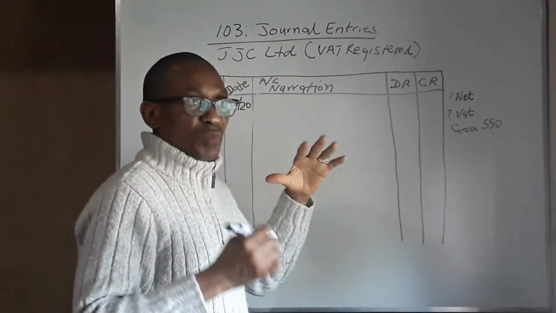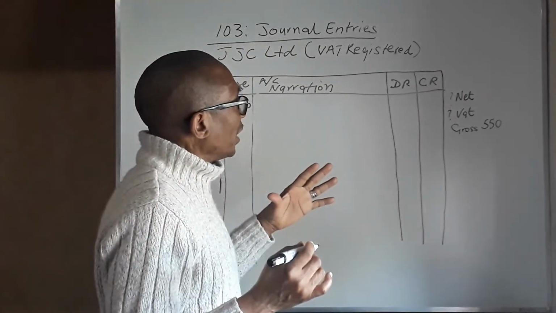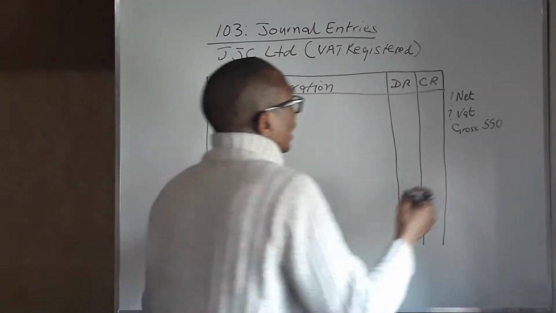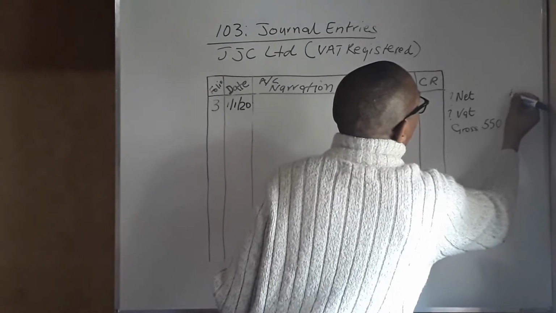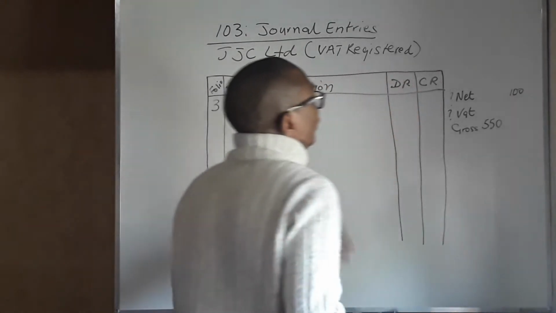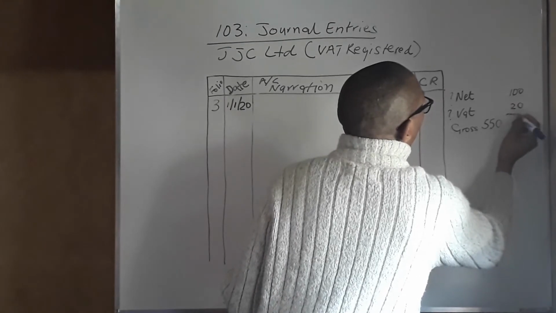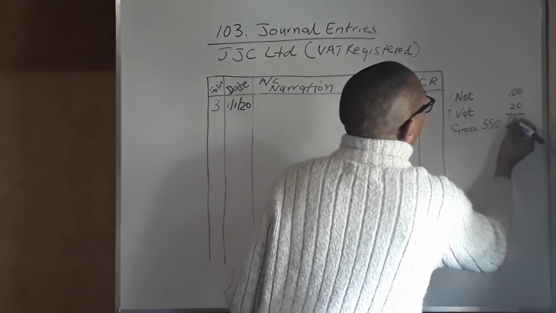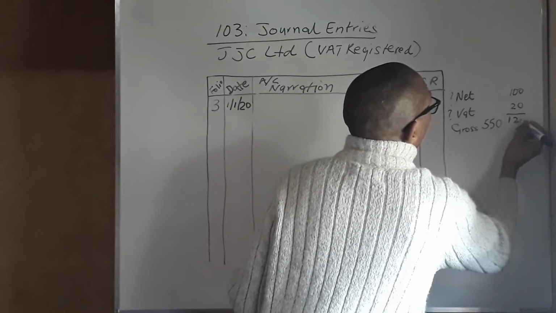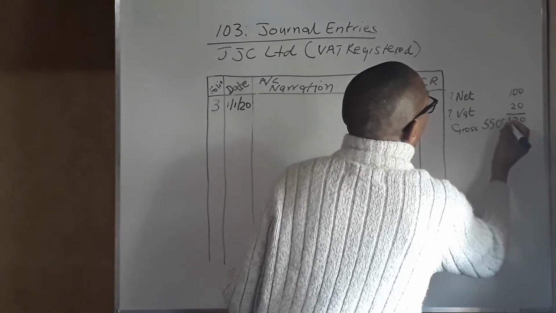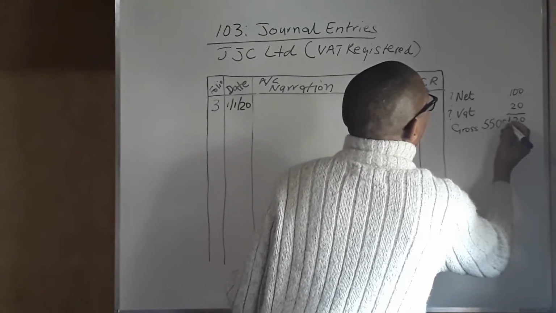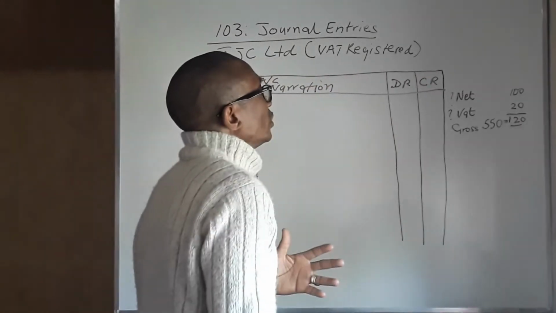So the net is 100 straight away, 100%. The net will be 100, equivalent to 100%. The VAT is 20% standard rate. Those two together give us 120%. So it means that this 550 is equivalent to 120%.